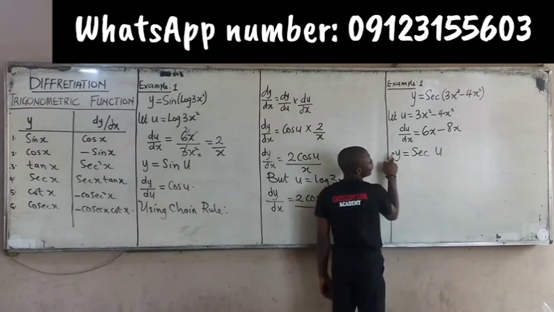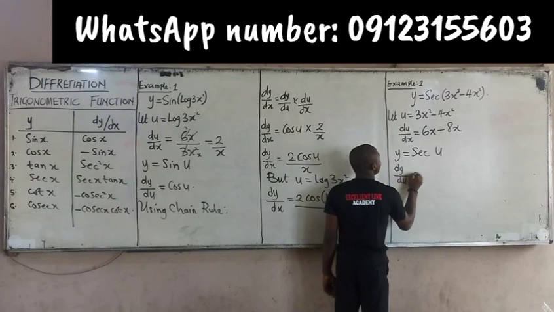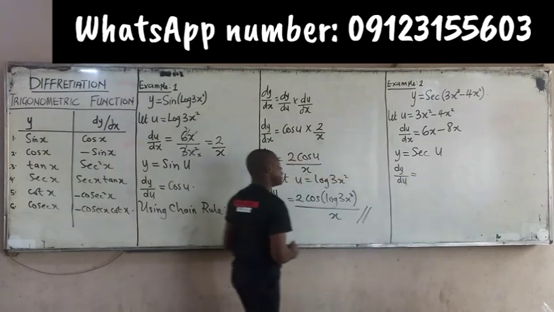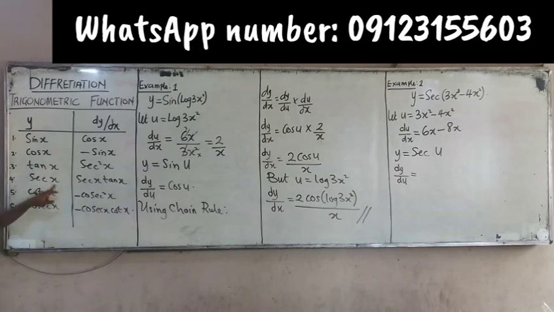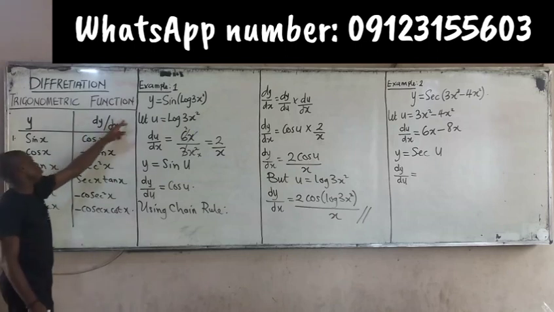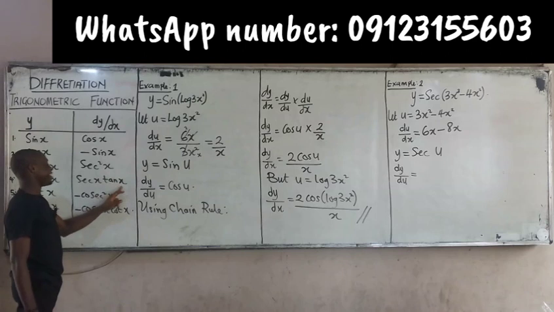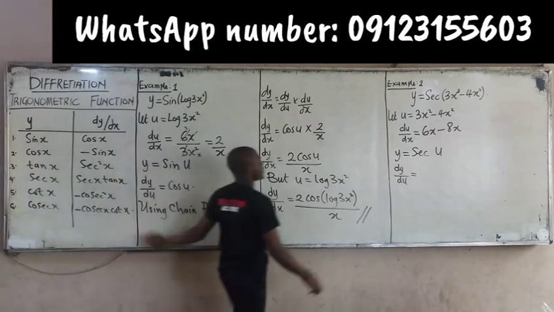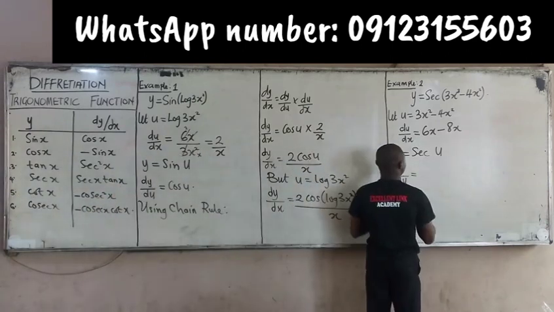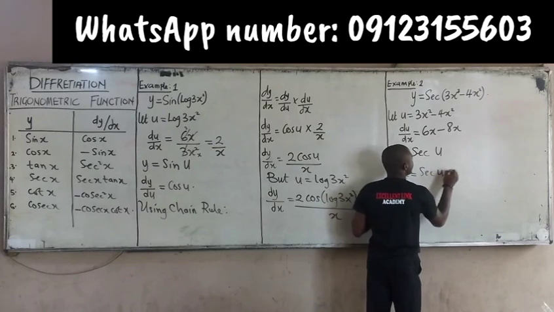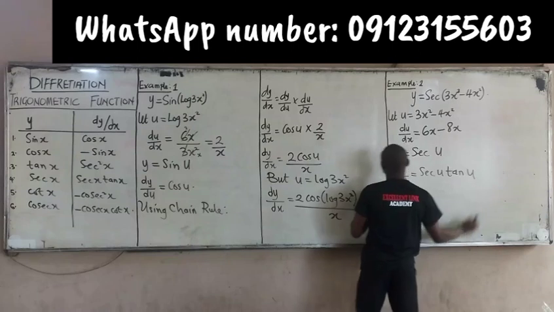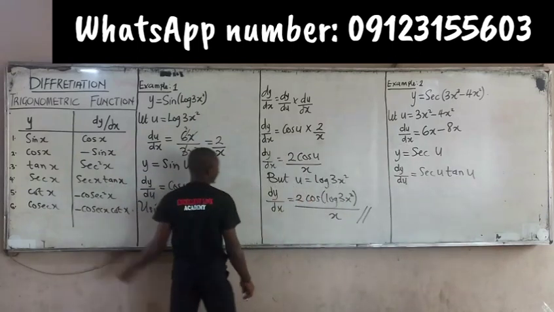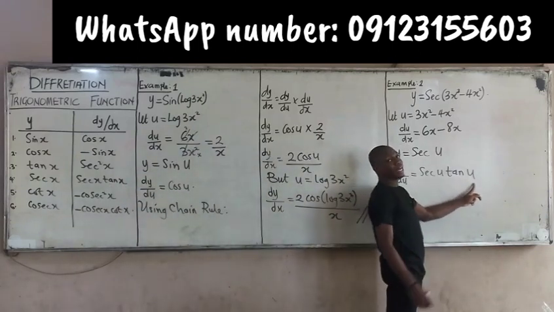So differentiating y with respect to u, I'll have dy over du is equal to, we just said that if I have y is equal to sec x, the derivative was sec x tan x. Similarly, if I differentiate sec u, I'll have sec u tan u.